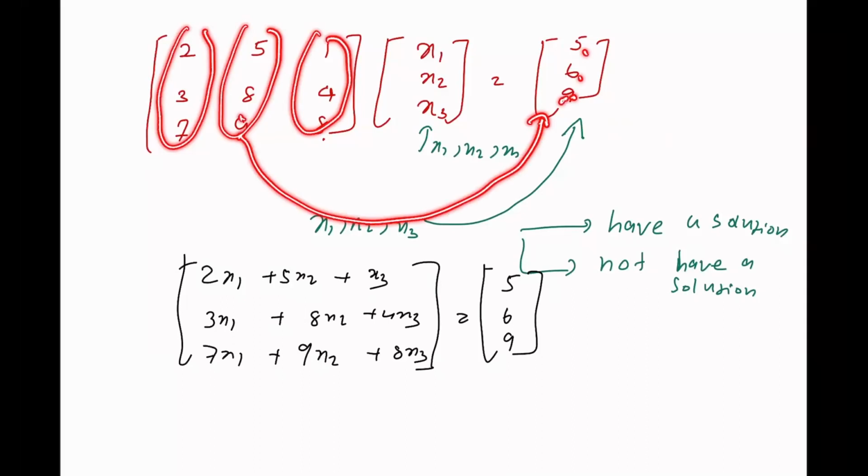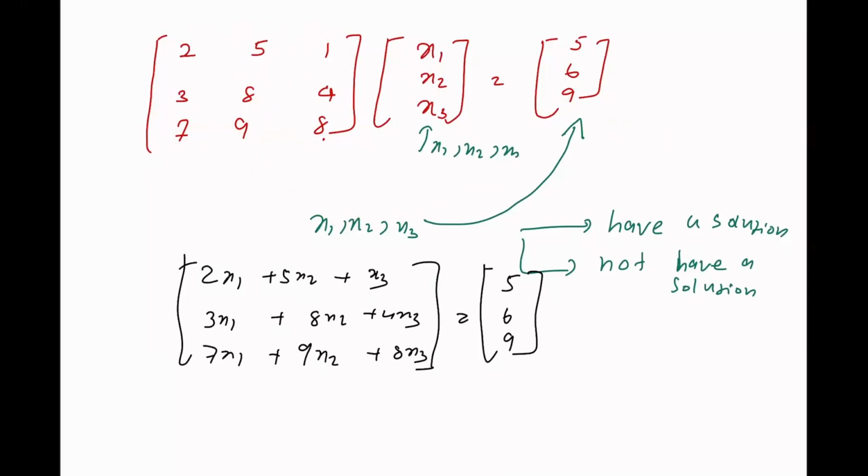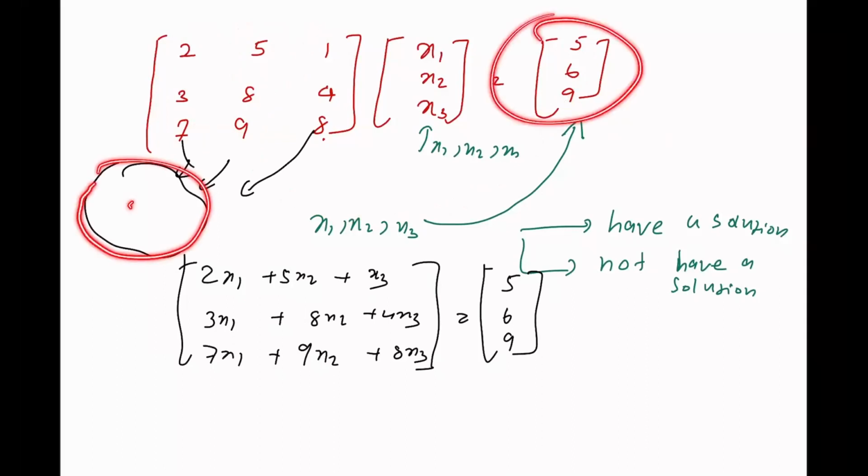But if it doesn't, what will happen? This is the vector space spanned by these three basis vectors. This vector space does not contain this vector. It means you cannot have x1, x2, and x3 values, or you cannot have a linear combination of these three column vectors which gives this vector.